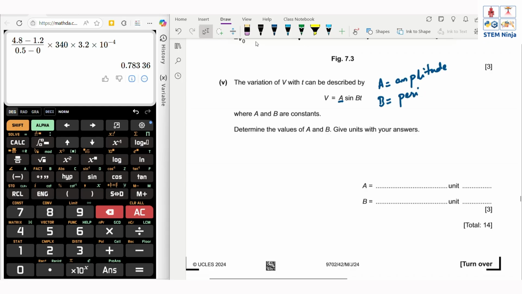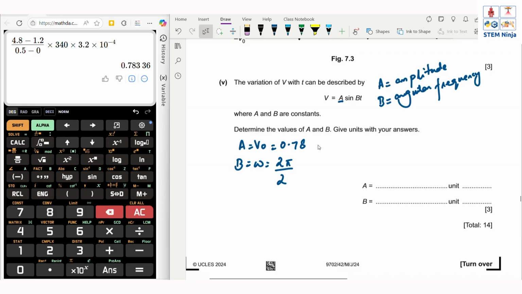Actually, sorry, no, no. This is the angular frequency, which dictates period, basically. So amplitude is V naught 0.78, and B is your omega, 2 pi over 2 milliseconds.